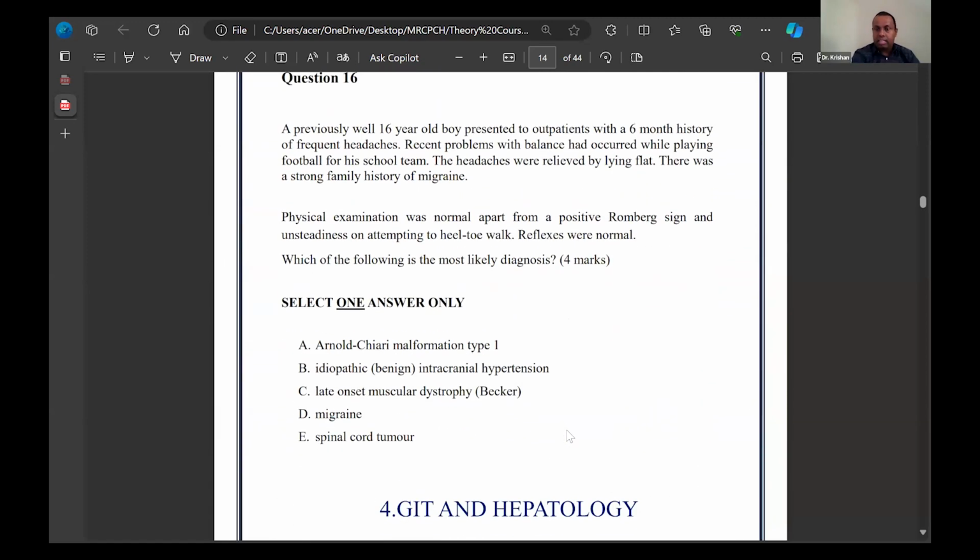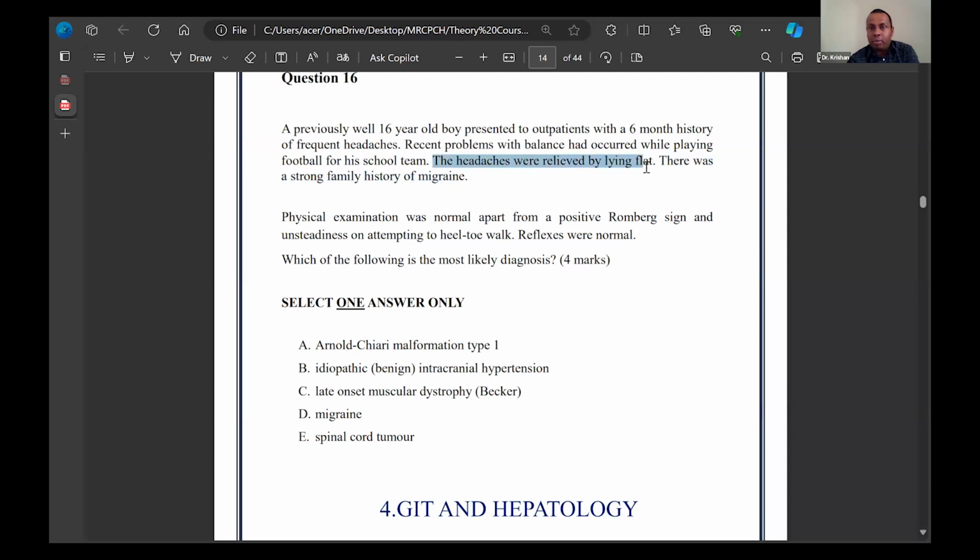Right. Next question. A previously well 16 years old boy presented to outpatient clinic with 6 months history of frequent headaches. Recent problem with balance had occurred while playing football for his school team. The headache was relieved by lying flat.